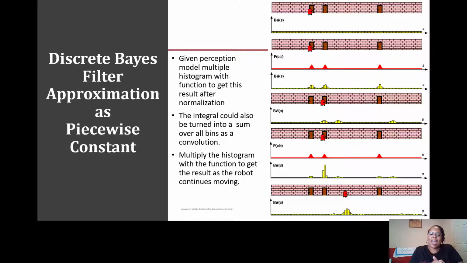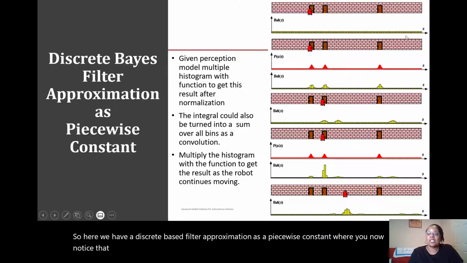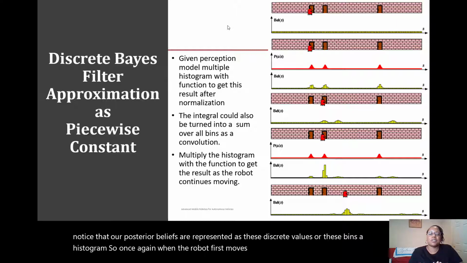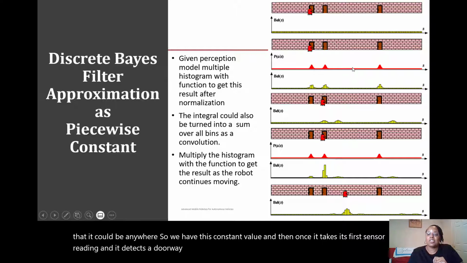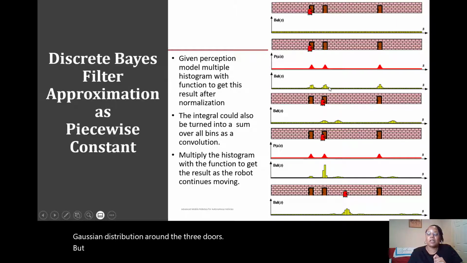Here we have a discrete Bayes filter approximation as a piecewise constant, where you now notice that our posterior beliefs are represented as discrete values, or bins, like a histogram. Once again, when the robot first moves in the world, it's a constant posterior belief that it could be anywhere. Then once it takes its first sensor reading and detects a doorway, we have the observations based upon the Gaussian distribution around the three doors, and the beliefs are convolved with those, which also yields another Gaussian value.